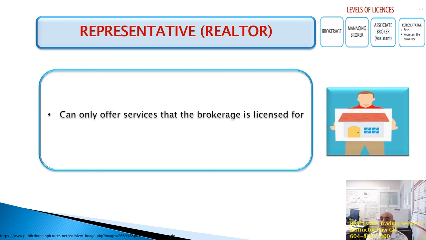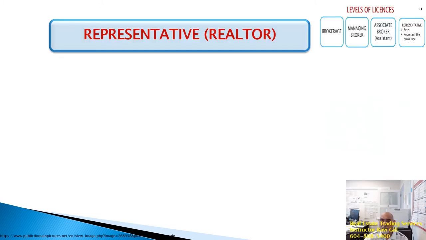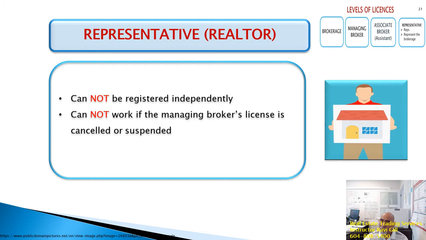So that means you have to work for a brokerage that has a license to do trading services, and a managing broker that has a license for trading services. Okay, you cannot work independently, and you will not be able to work if your managing broker loses their license. You will not lose your license, but you're not allowed to work.